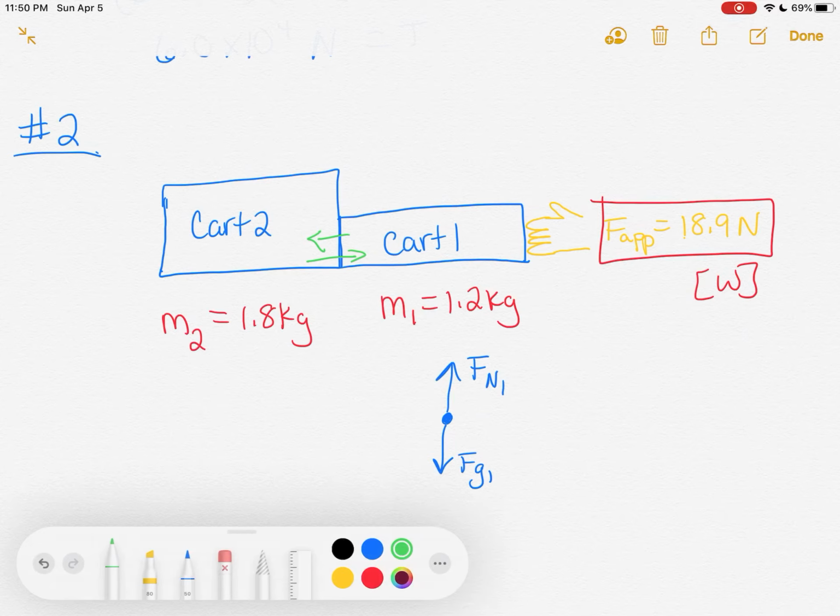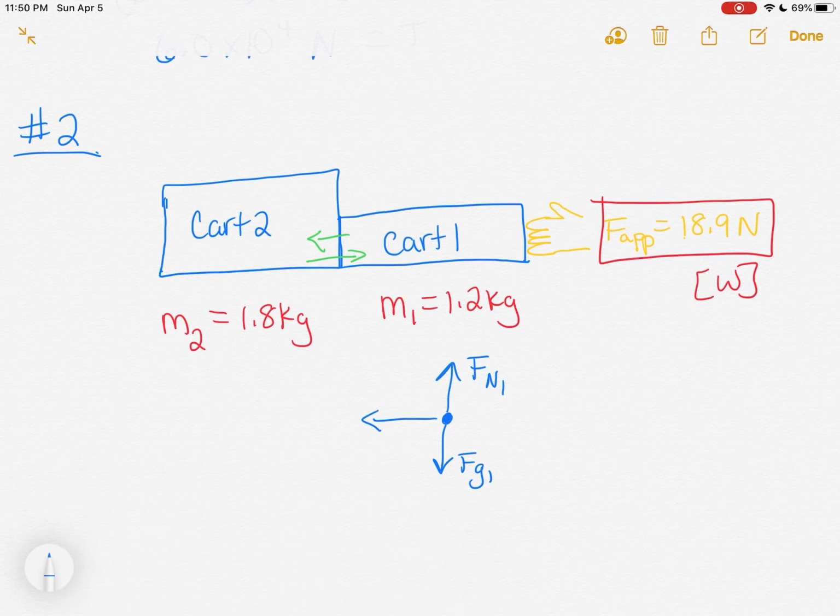So that means that cart 1 also has this force, the force of 1 on 2, and it's got that applied force. Cart 2, again, has our Fn, so this will be Fn2, and an Fg, so this will be Fg2.